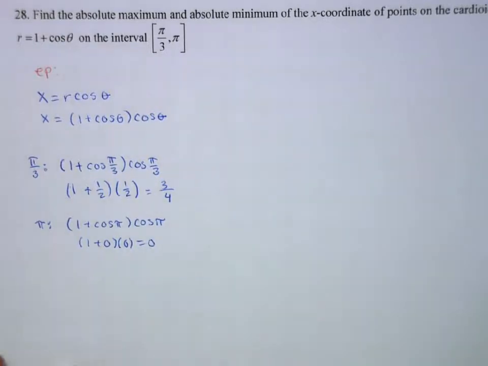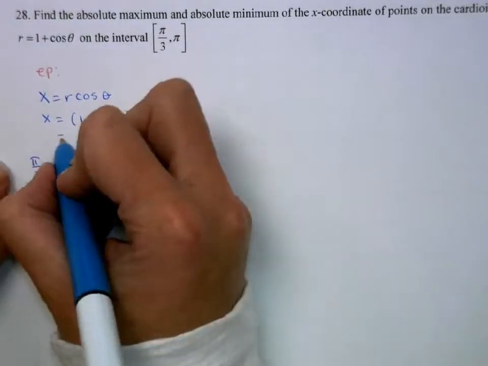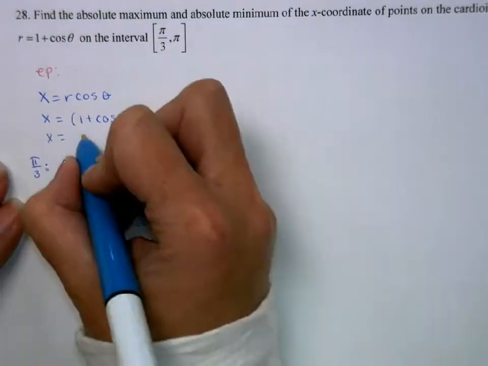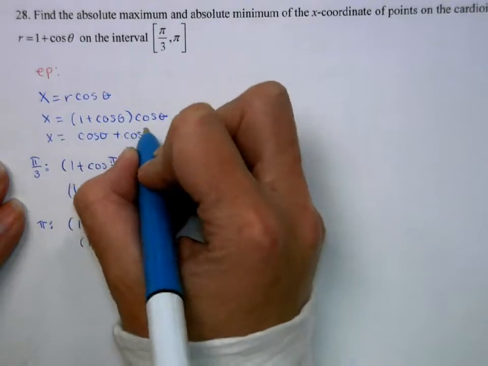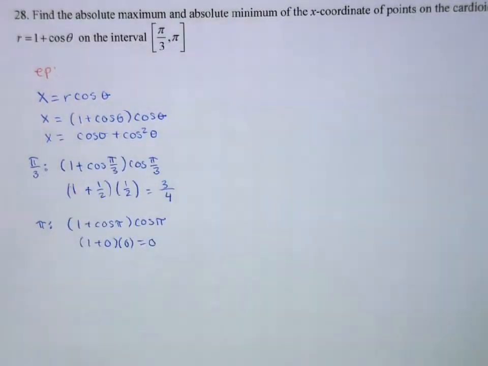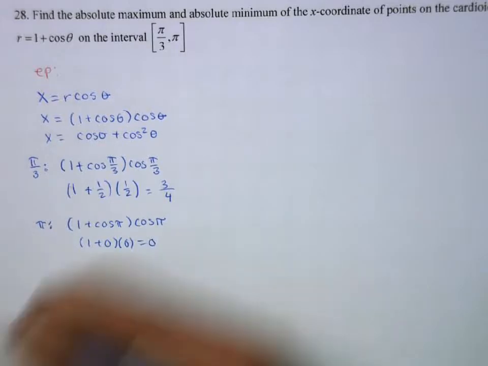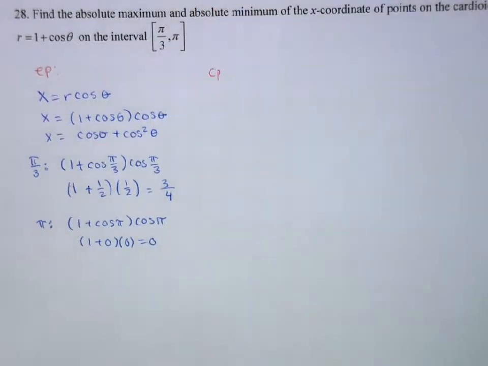Okay, then we want to find our critical points. So I'm going to go ahead and distribute here. Okay, so I don't have to do a product rule. So we're going to take the derivative of this.